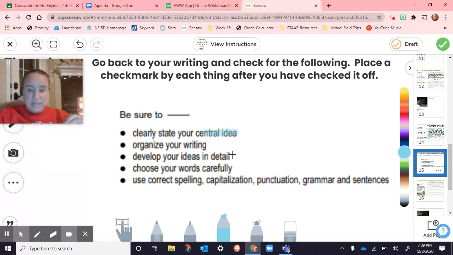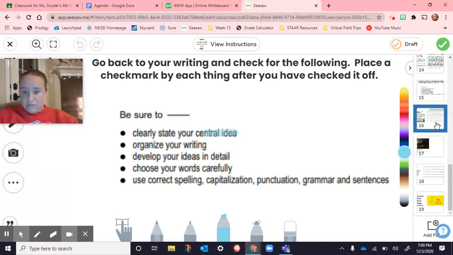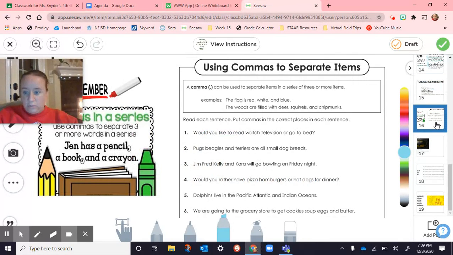You don't want to just keep going on and on, but you want to give enough information to where your reader has a good idea of what you mean. All right. So these other pages say Thursday, but we didn't get to them today, so we'll try to get to those tomorrow.